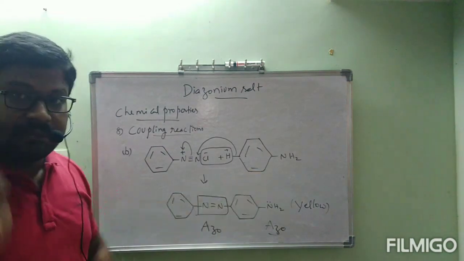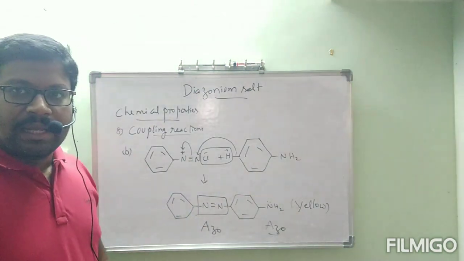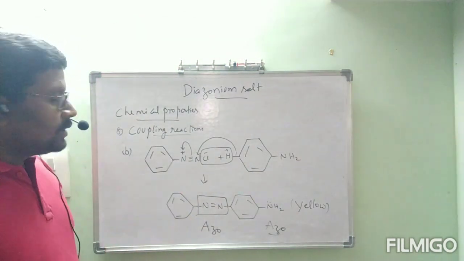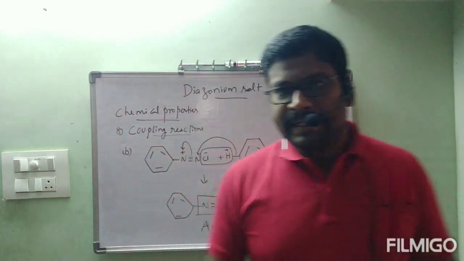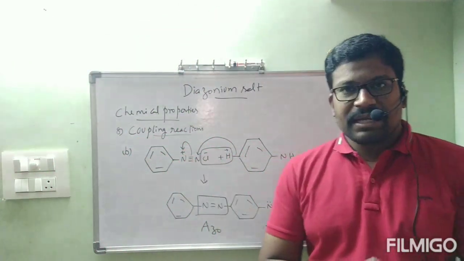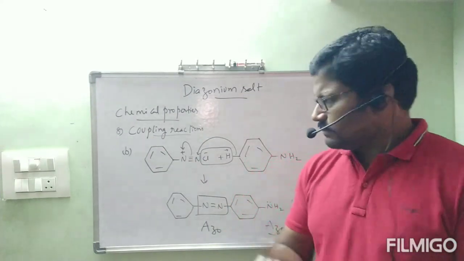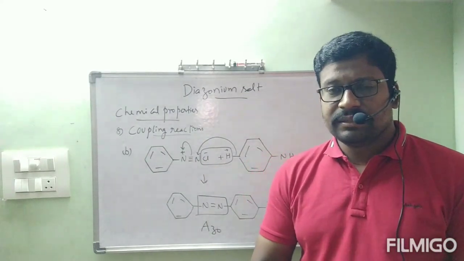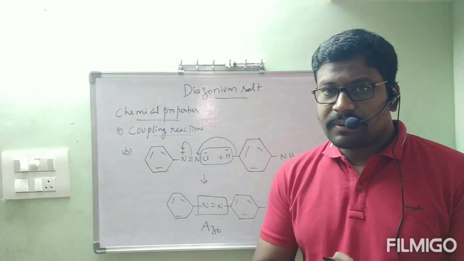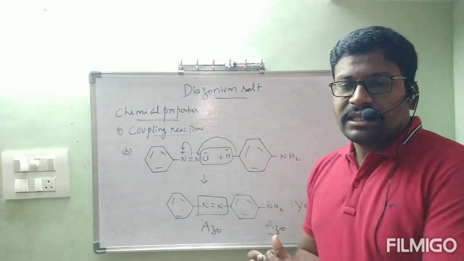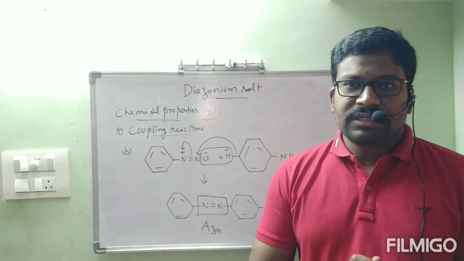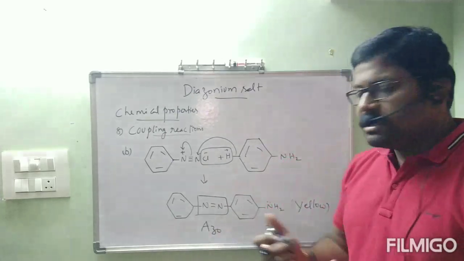This is the test for aniline. In this way we have gone through the chemical properties of diazonium salts. There are a total of 8 chemical properties. This is the 8th one, the coupling reaction. The first 7 involve elimination of the diazonium group, and the 8th involves retaining the diazonium group, and we get azo dyes.